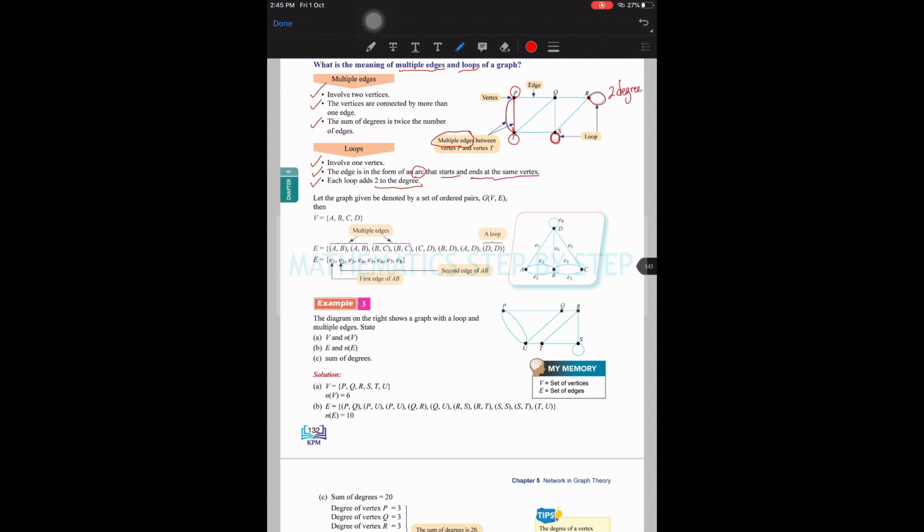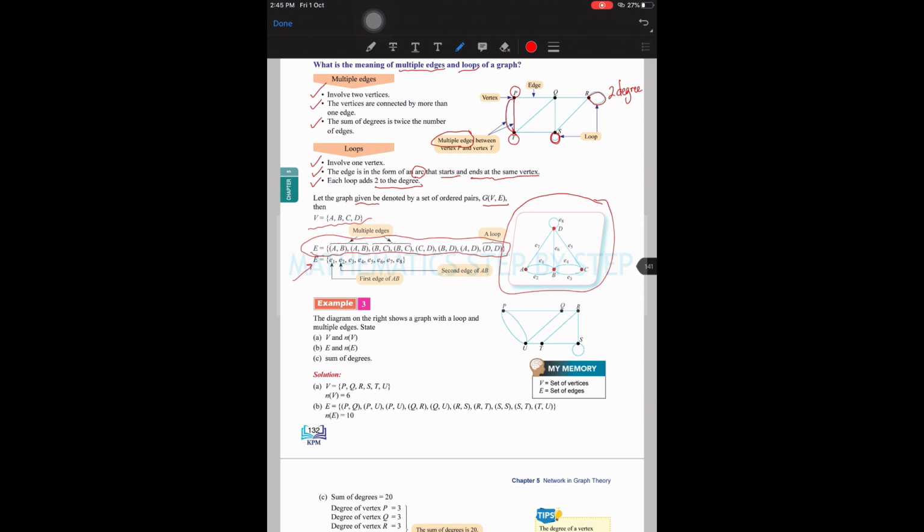Okay, so let the graph given be denoted by a set of ordered pairs G(V, E). Okay, so now let's refer to this diagram. Okay, so the set of vertices, we can see they are named after A, B, C, D. Okay, and now the set of edges, we can show it this way or this way also can.